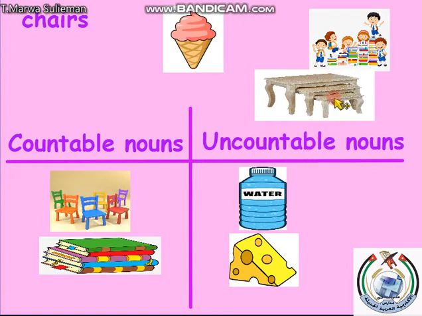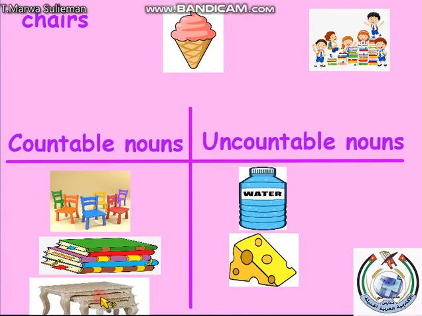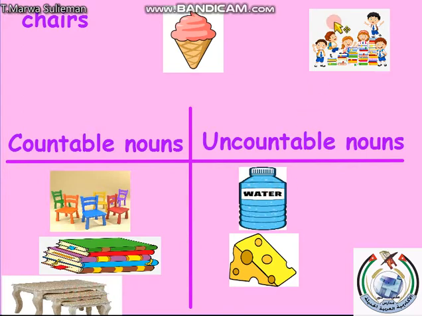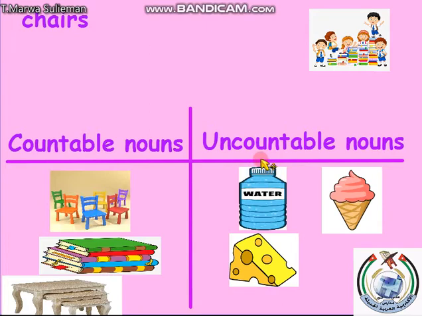What about the tables? 1, 2, 3 tables. So tables is a countable noun. What about the ice cream? Can you count the ice cream? No, so ice cream is an uncountable noun.